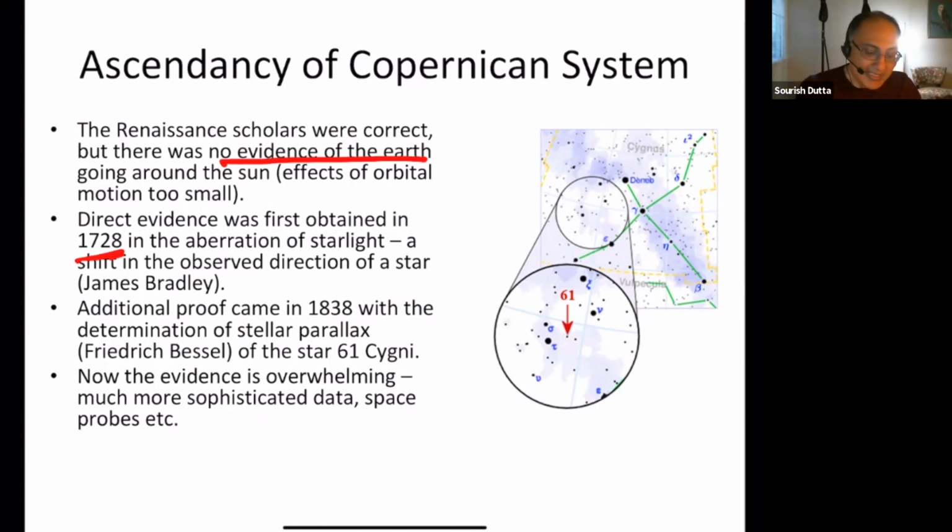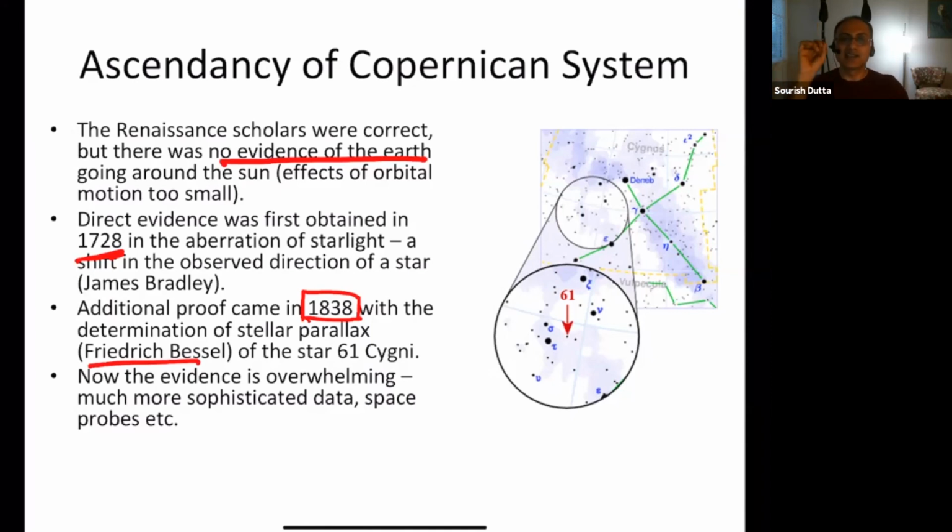As late as 1838, 200 years after Galileo, was the first time that the parallax of a star was actually measured, by a person named Friedrich Bessel. He was studying a particular star in the constellation Cygnus, and he had designed a very clever experiment, and he found that the position of that star in the sky does change a tiny little bit at different times of the year.